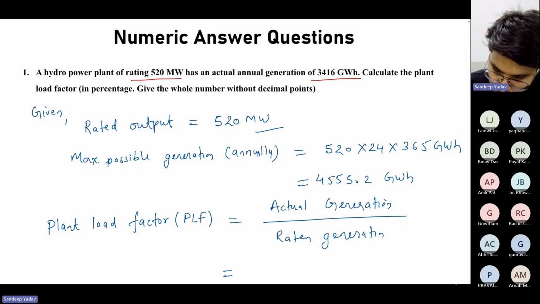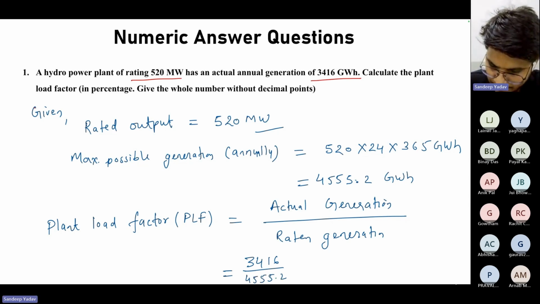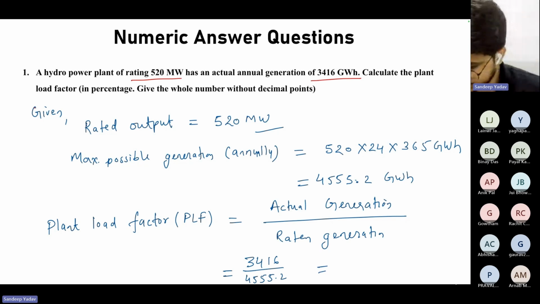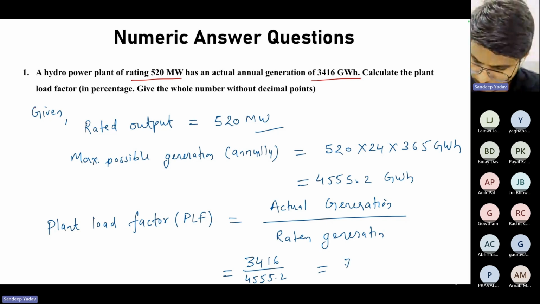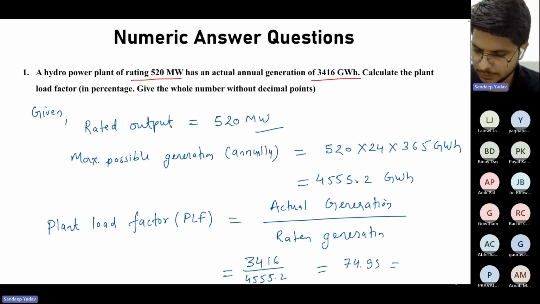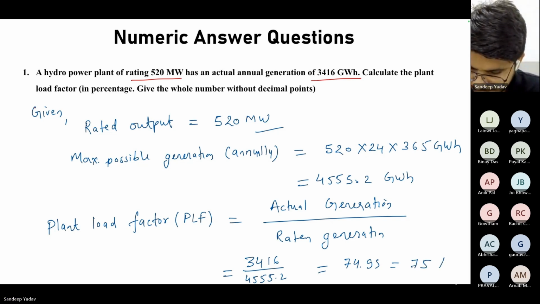So actual generation, it's given in the question, 3416 gigawatt hour divided by the other thing that we got, 4555.2 gigawatt hour. So the gigawatt hour will cancel out and the plant load factor will be a fraction. 3416 divided by 4555.2 typically comes out to be 74.99. So we can just convert it to 75%.